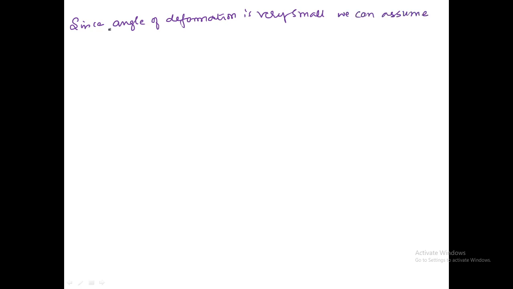Write this as an assumption: since the angle of deformation is very small, we can assume angle BEF equal to 45 degrees.